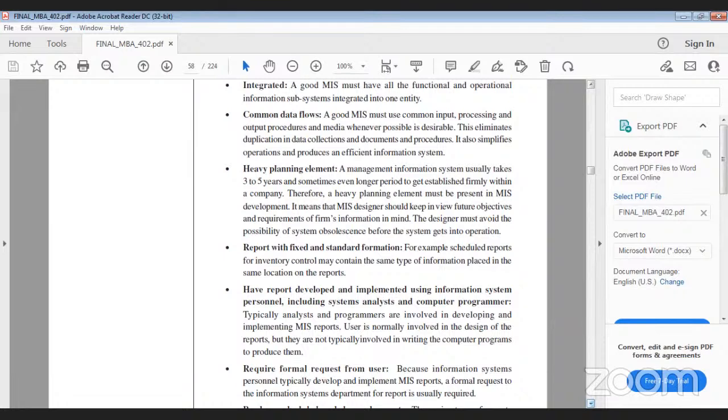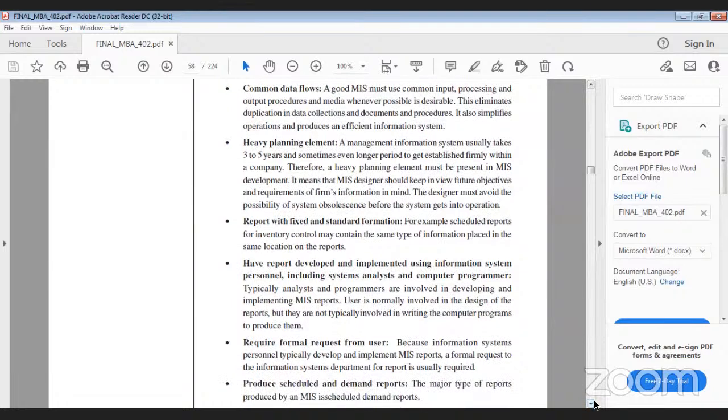Reports fixed and standard in format, for example, reports for inventory control contain the same type of information placed in the same locations on the reports. Next, reports are developed by information system personnel, analysts, and computer programmers. Typically, analysts and programmers are involved in developing and implementing MIS reports.